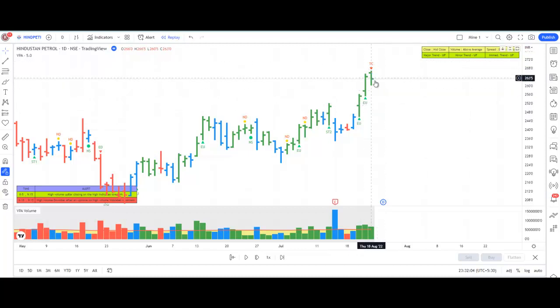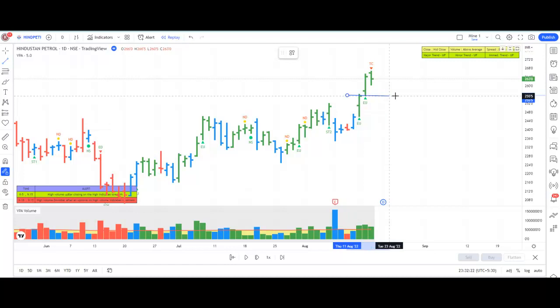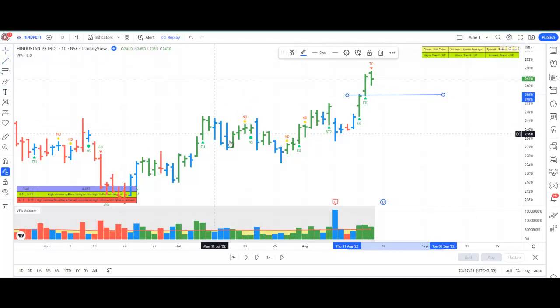Ideally, we should see a lot of weakness coming and the price should move down. So to confirm that the weakness has come, one method we can use is to draw the low of the previous up bar. So if this is broken, then we can be assured that there is a lot of weakness coming in.